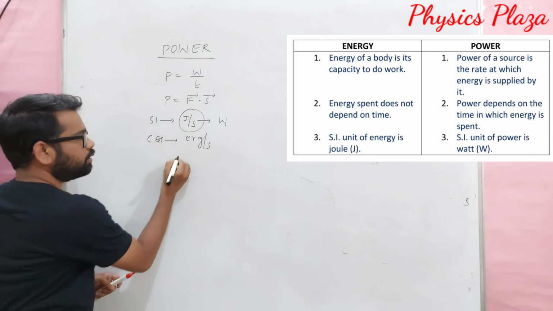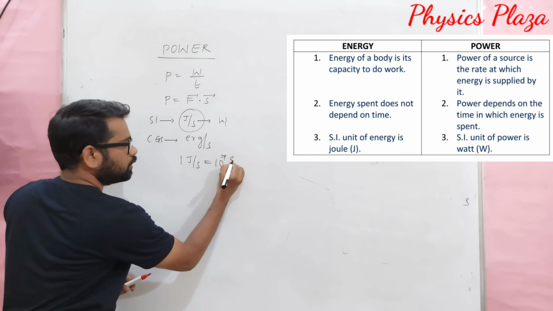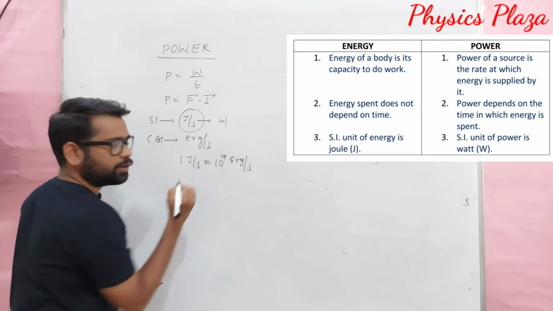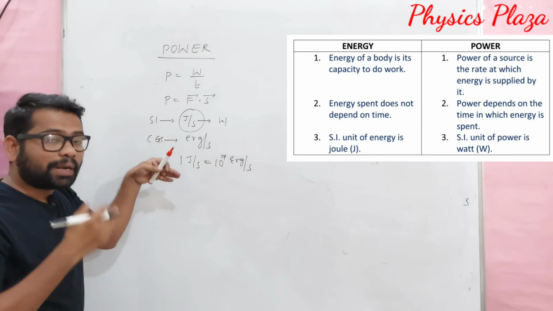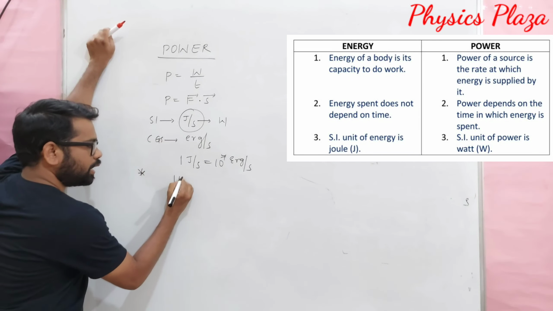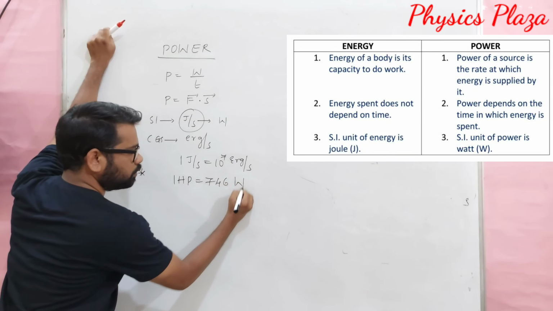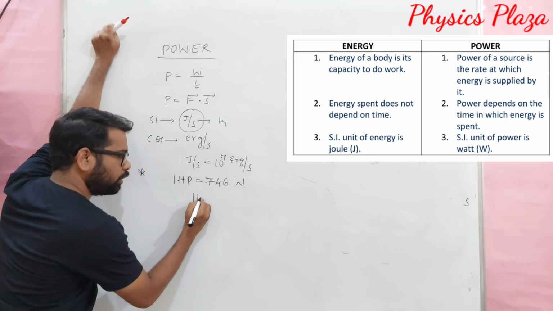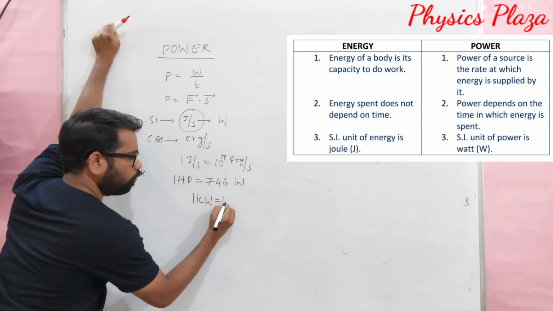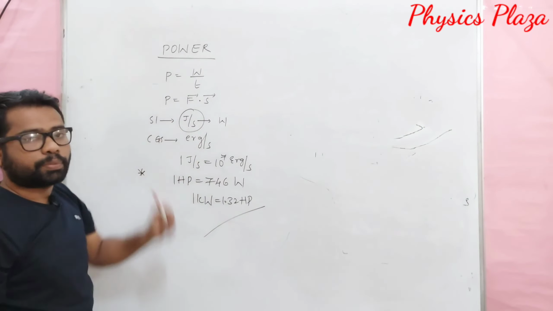How are these two related? 1 joule per second is equal to 10 power 7 erg per second. Other than this, we have the practical unit of power called horsepower. 1 horsepower is equal to 746 watt, or 1 kilowatt is equal to 1.32 horsepower. Children, this is all about power.